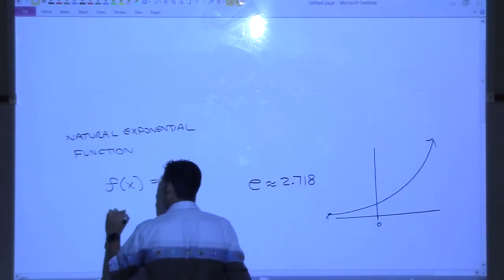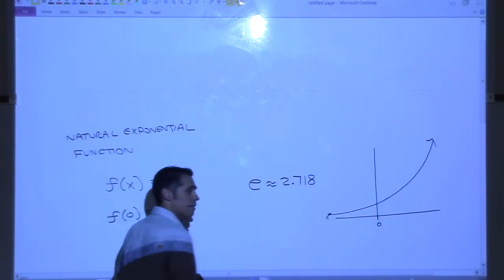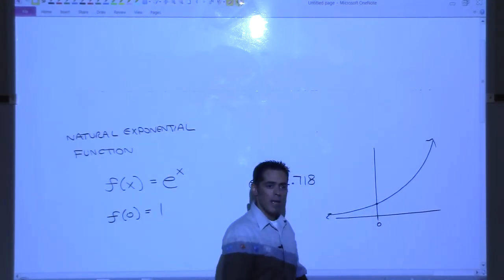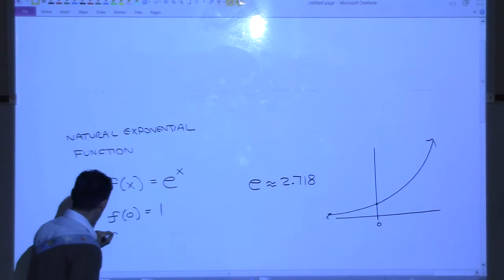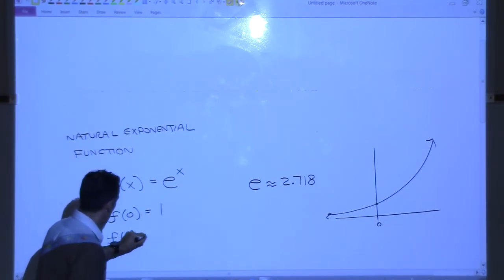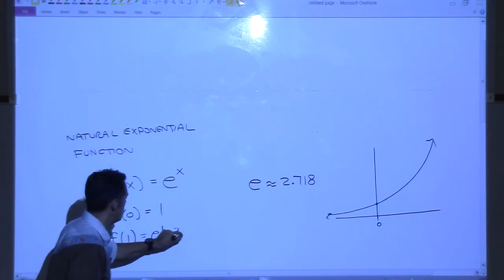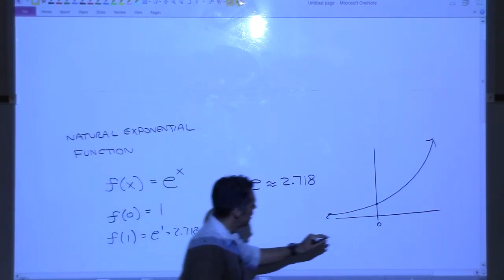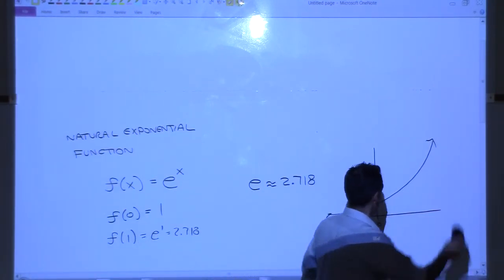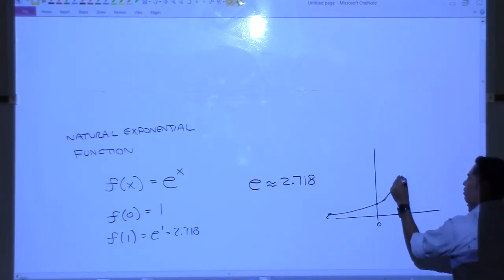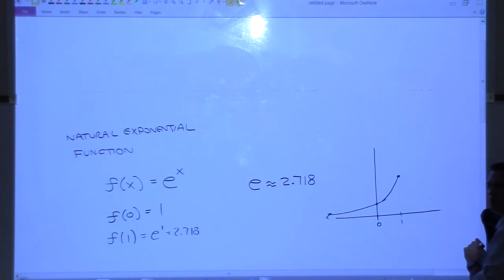What's f of 0? It would be 1, all right? So that means at 0, I go up 1, I put a dot, right? Okay, what would f of 1 be? If I plug 1 into this function, I would get e to the first power, which is just going to be like 2.718. So that means when I go out to 1, this is not drawn to scale, I'm going to be up at like 2.718, okay?